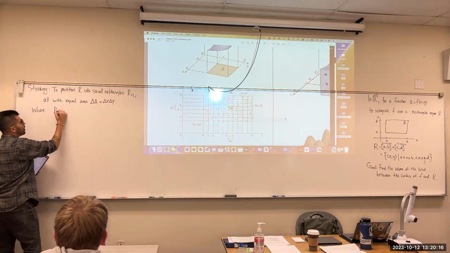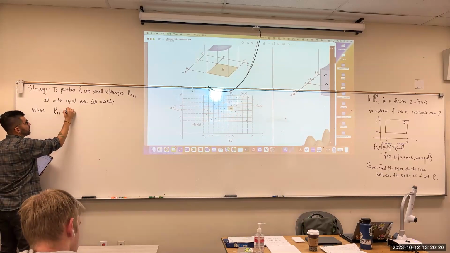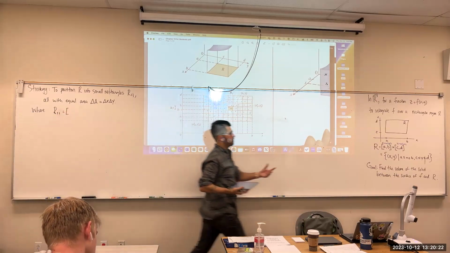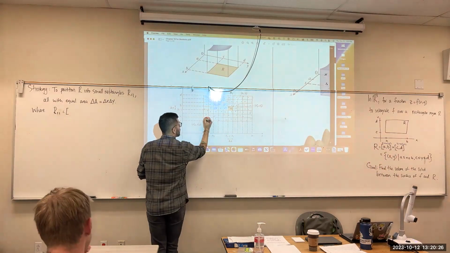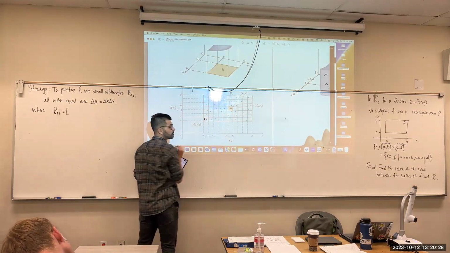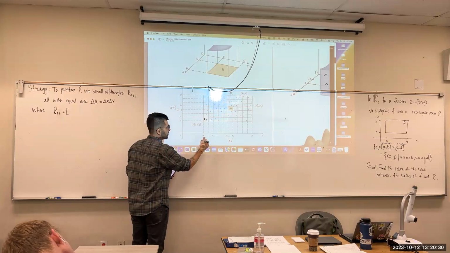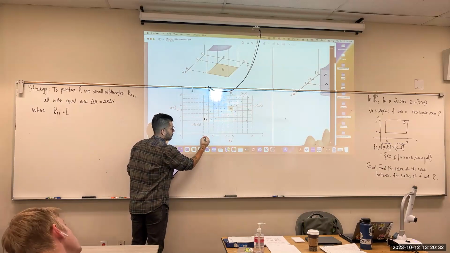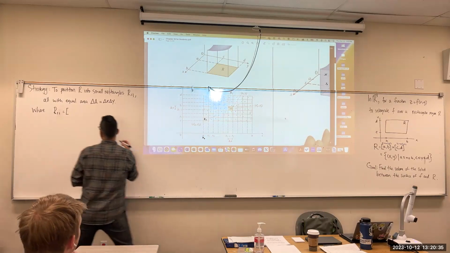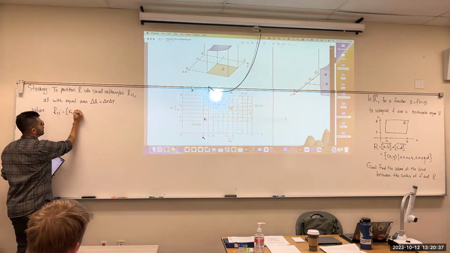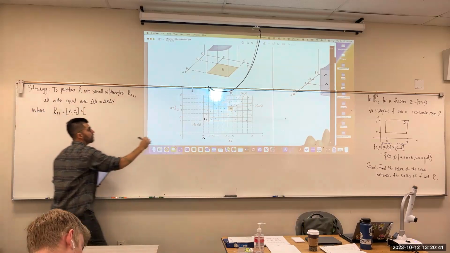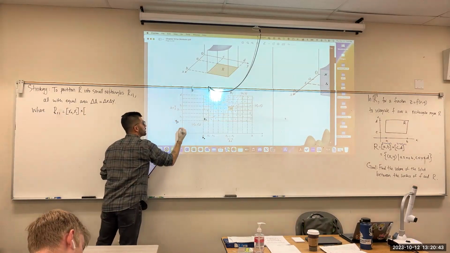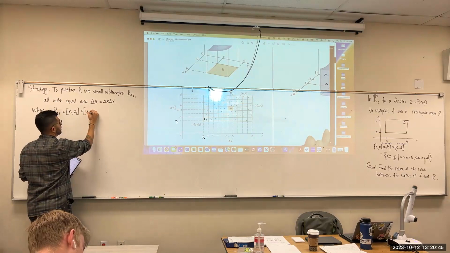Sorry, what's R11? We're going to use this notation. This is going to be R11 right here. What is it? It's the interval where X varies from X0 to X1, cross where Y varies from Y0 to Y1.